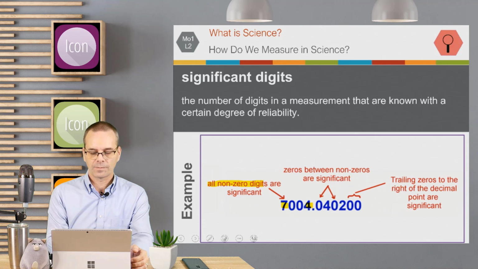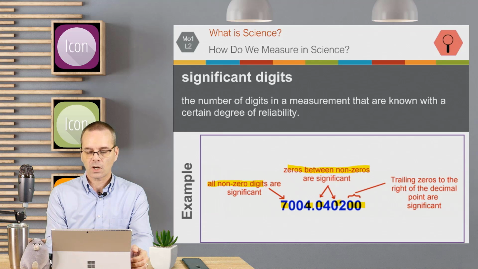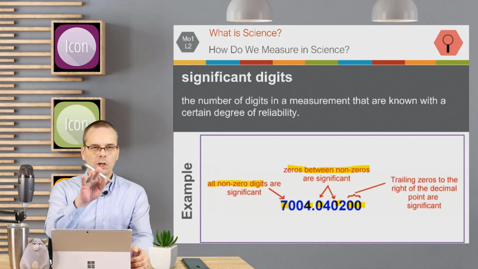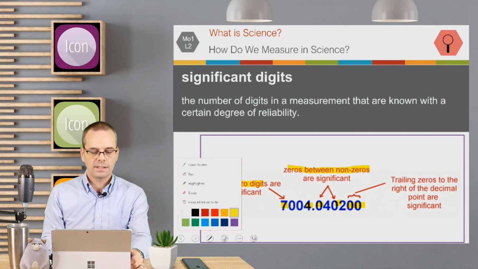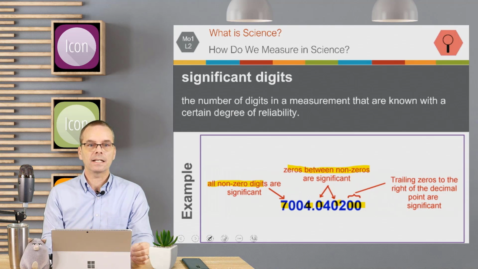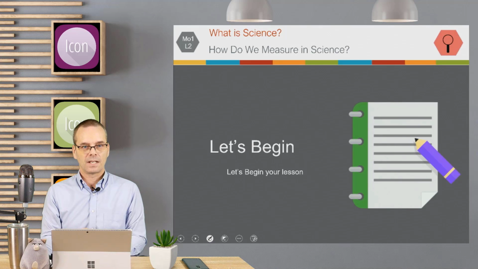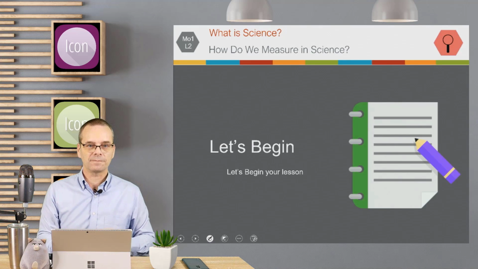Now, zeros between non-zeros are significant. And trailing zeros to the right of the decimal are significant. We're going to go over this in a little bit more detail later in the lesson, so you understand the difference between significant and not significant. So let's go ahead and begin our lesson.